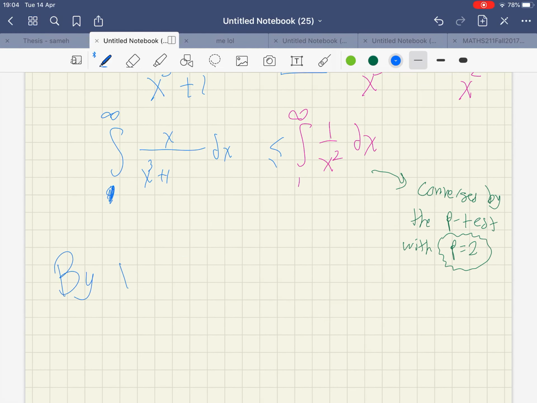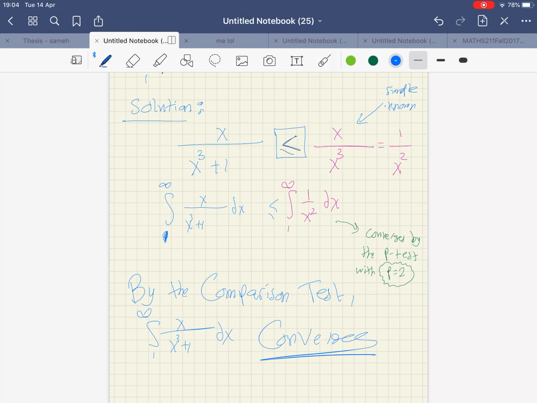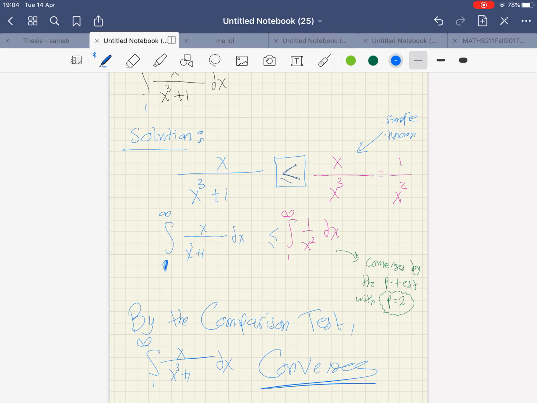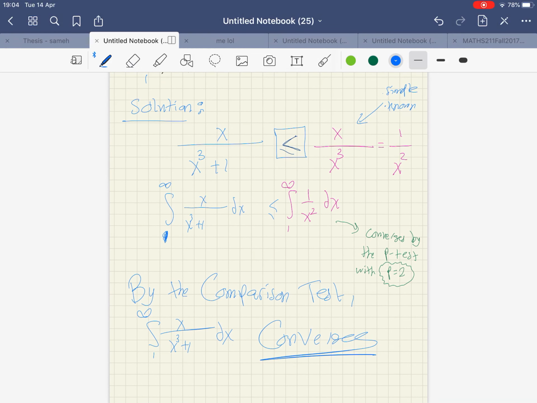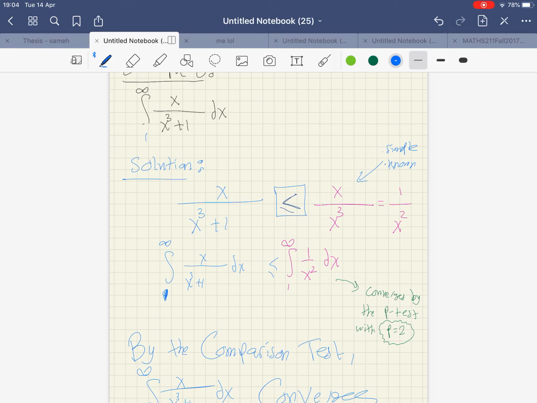By the comparison test, you have to write the reason like this: by the comparison test, this integral converges. Okay, this converges.